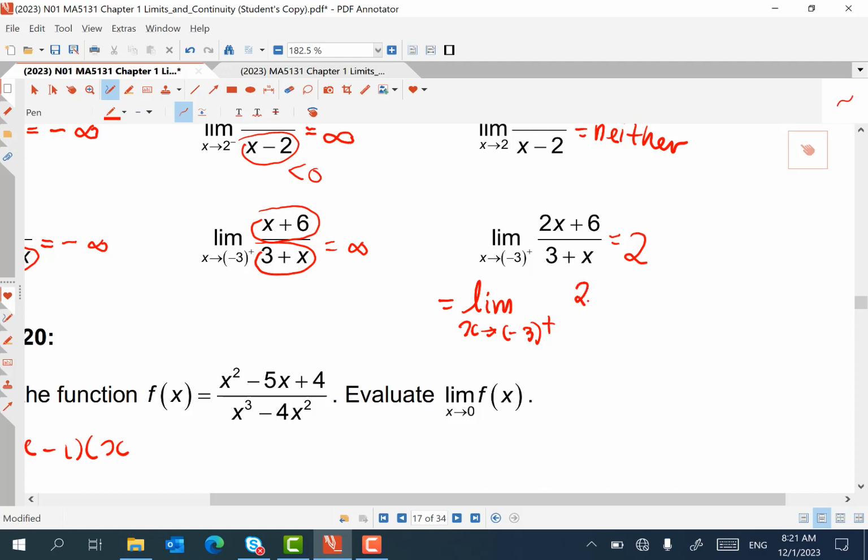This one is going to be 2 into x plus 3, and then 3 plus x. You cancel all these two. Okay?